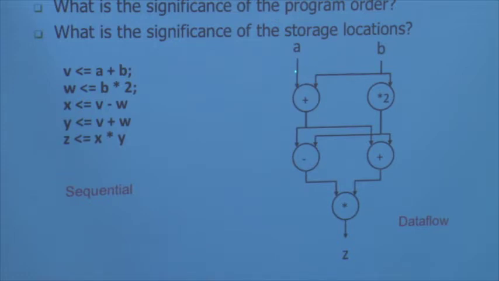OK, so how does this work? Basically, a node fires when all of its operands are ready, and produces a result which gets sent through the destination arc. And we'll see an example of this. This node fires when A and B are ready. You get an addition. This node also fires when B is ready, because it takes B and multiplies it by 2.